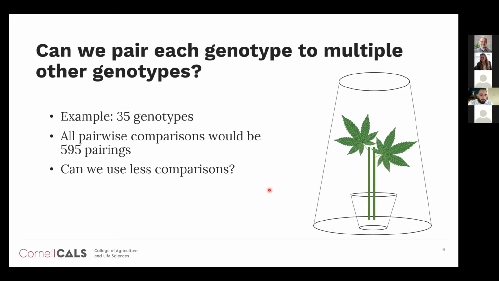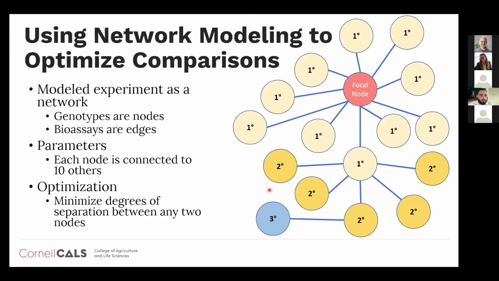If we want to do fewer comparisons, is there an optimal reduced set of comparisons that we can make that will give us the best ability to do this inference for the comparisons that we didn't make? To try to answer the second and third questions, I used network modeling to try to optimize an experimental design.